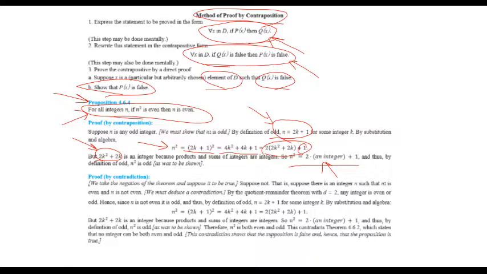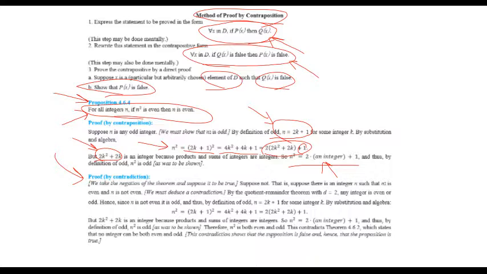Now I told you before that this method is very similar to the method of proof by contradiction. To show you how similar they are, I'm going to prove the same proposition 4.6.4 using the method of proof by contradiction, so you can see both of them side by side and compare them.